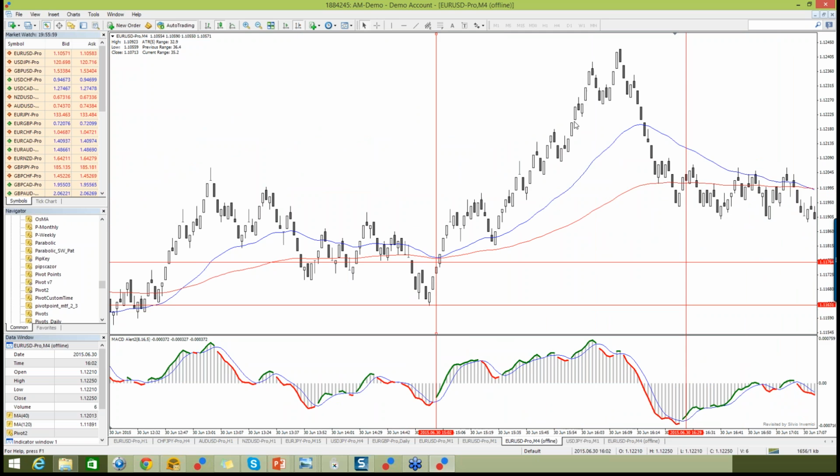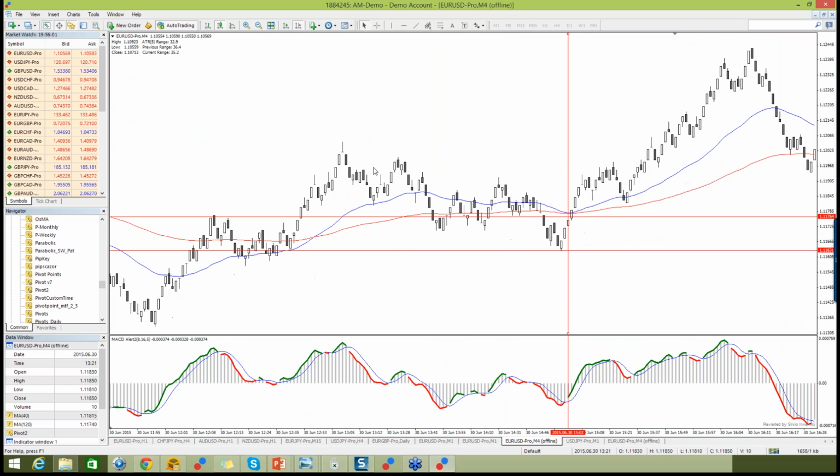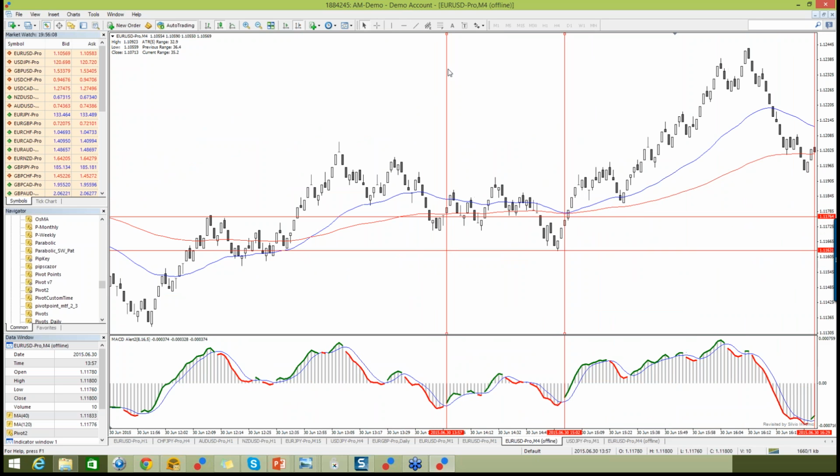Look, bullish. Look at the X cross here. X cross, and bang. So X crosses are most powerful.